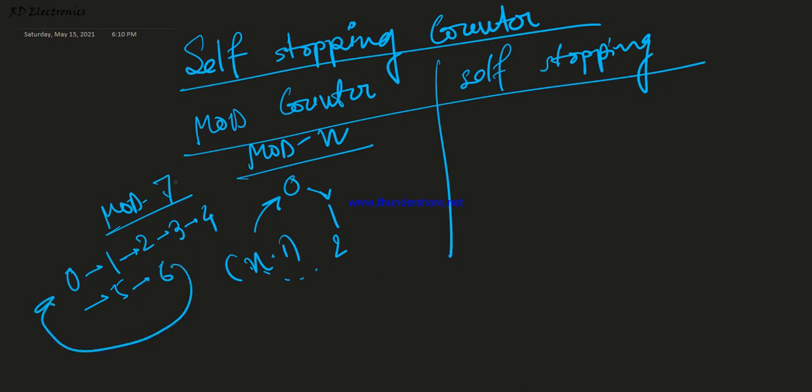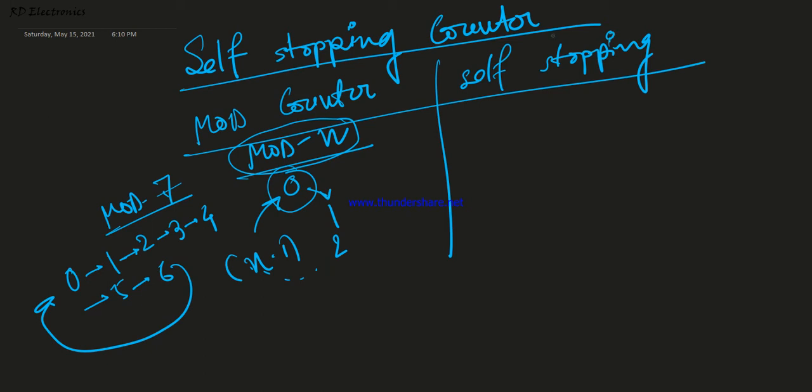This is the primary characteristic of any mod counter: if we define mod n, it counts up to n minus 1 and then comes back to initial state 0, and repeats 1, 2, 3, 4, n minus 1 and again 0.